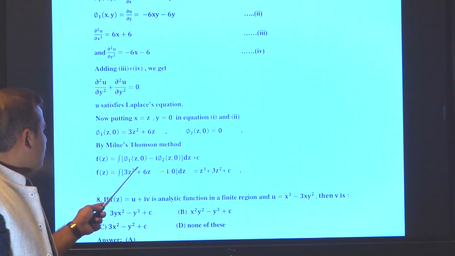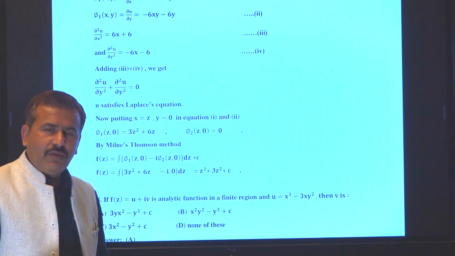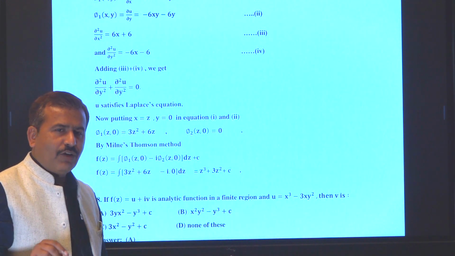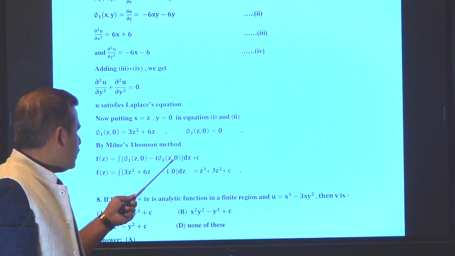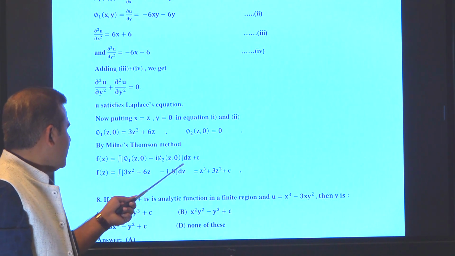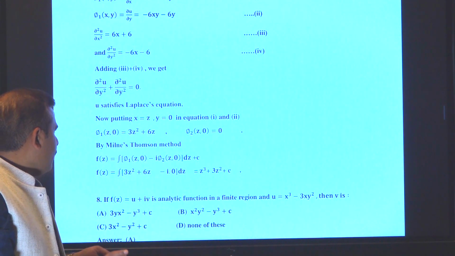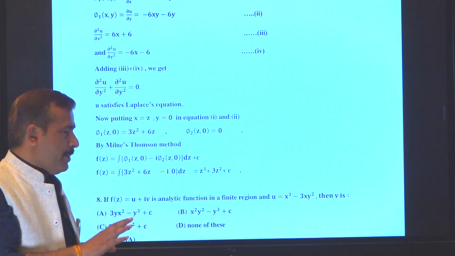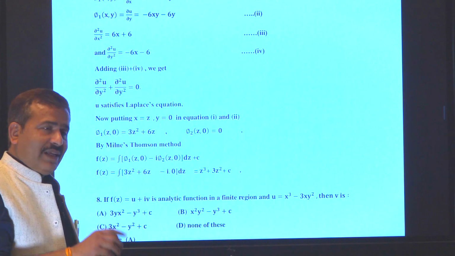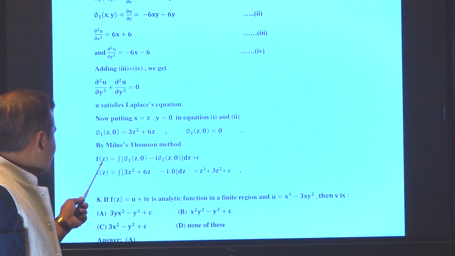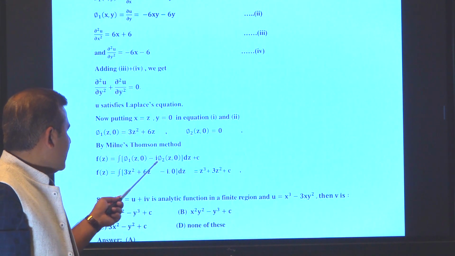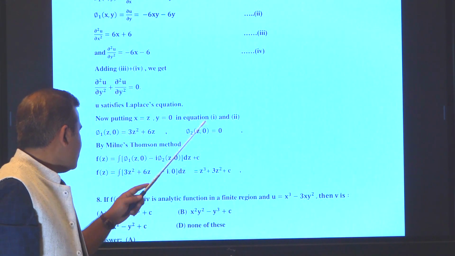So by using the Milne-Thomson method, f(z) equals integration of phi 1 (z, 0) minus i phi 2 (z, 0) dz plus c. This is the result of the Milne-Thomson method when u is given, but when v is given, that is different. So here u is given, that's why f(z) equals integral of phi 1 (z, 0) minus i phi 2 (z, 0) dz plus c.